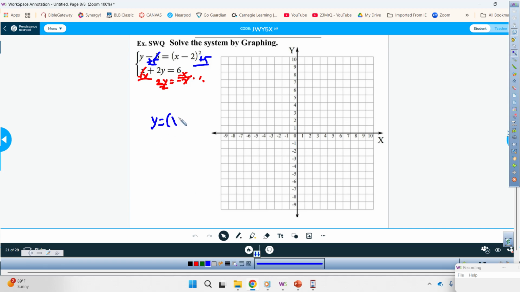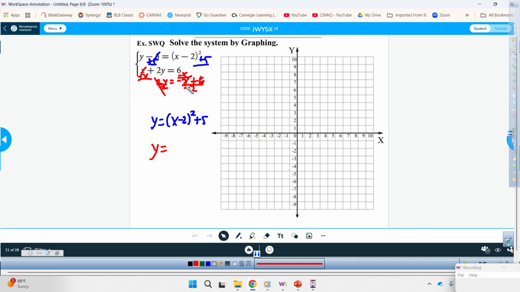Y equals, parentheses, x minus 2 squared plus 5. The other one was minus x, so we end up with negative x plus 6. Then we divide by negative 2. So we have y equals negative x divided by negative, was it negative 2?